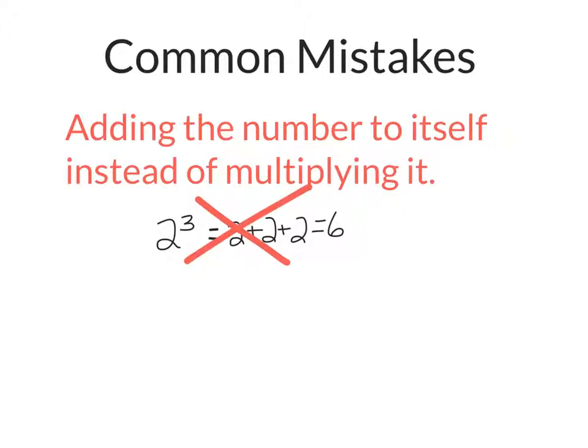The correct way to solve this would be to multiply 2 times itself 3 times. 2 times 2 times 2. 2 times 2 is 4, and then multiply the other 2, so that would be 4 times 2 to give you a product of 8.